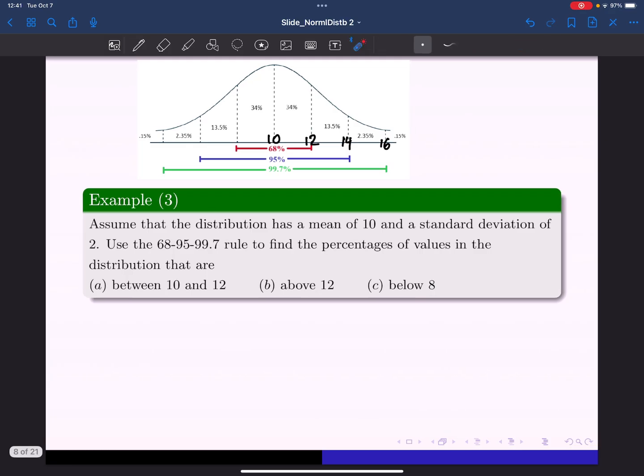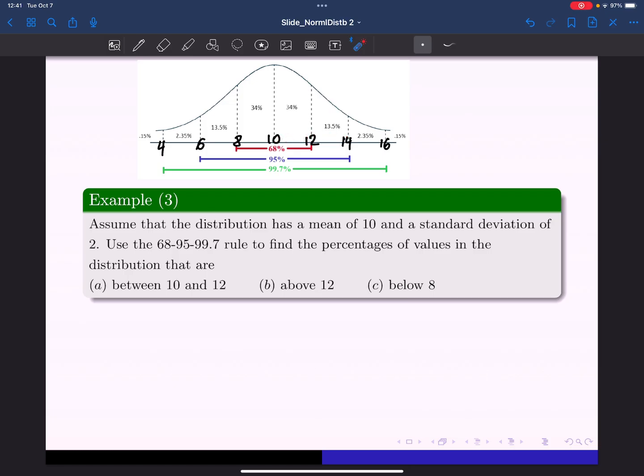Now, if I go below, the standard deviation is 2, so 10 minus 2, this data value would be 8. One more standard deviation away, this data value would be 6. And one more, this data value would be 4. So this is 1, 12, 2 is 14, and so on.